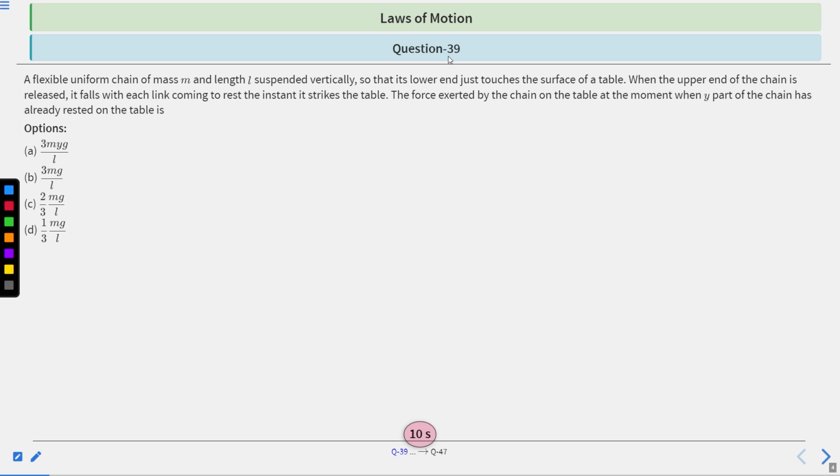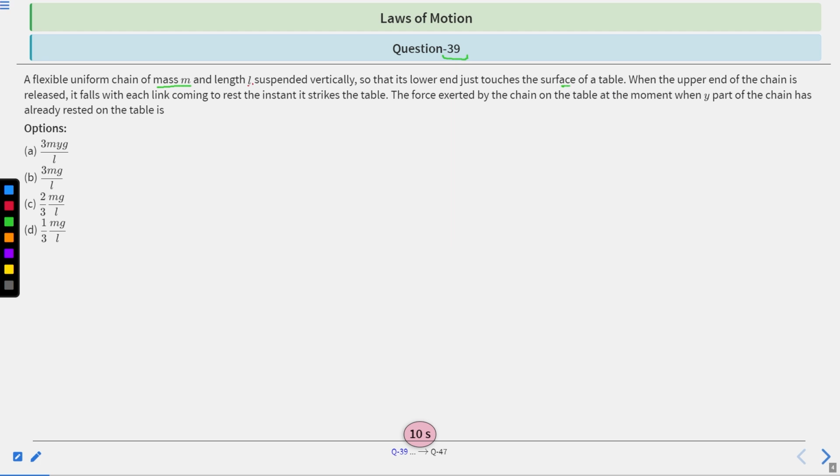Question number 39. A flexible uniform chain of mass m and length L, suspended vertically so that its lower end just touches the surface of a table.